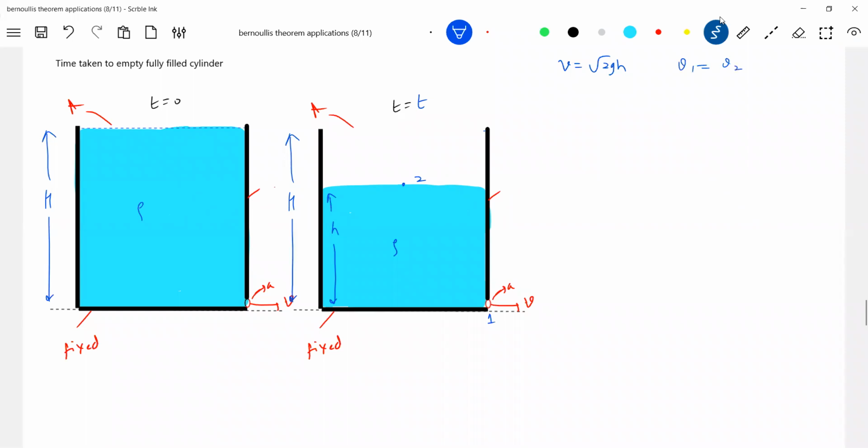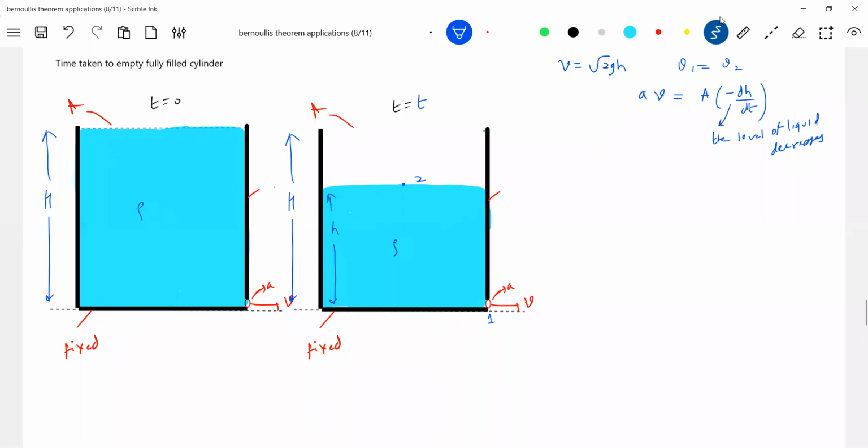What is the flow rate at 1? Area of cross section of hole into velocity of efflux. What is Q2? Flow rate at 2 should be equal to A into minus of dH by dt. Why negative sign? Because the level of liquid is continuously decreasing.